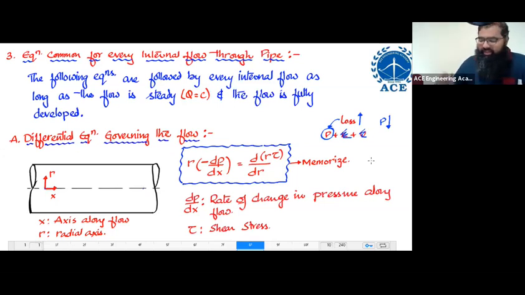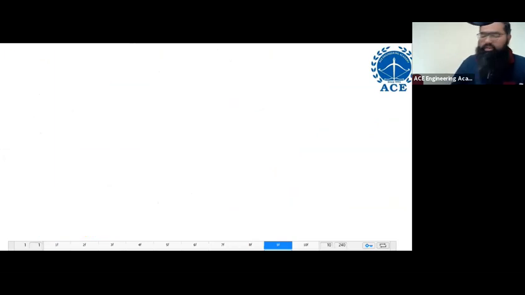My second A-bit is the differential equation. My B bit is going to be this particular part, that is minus dP by dx, which is called pressure gradient.